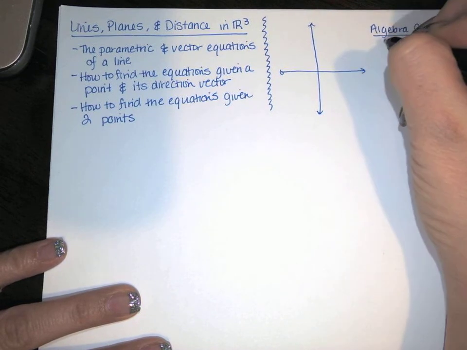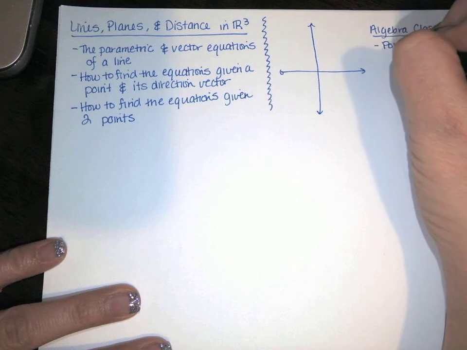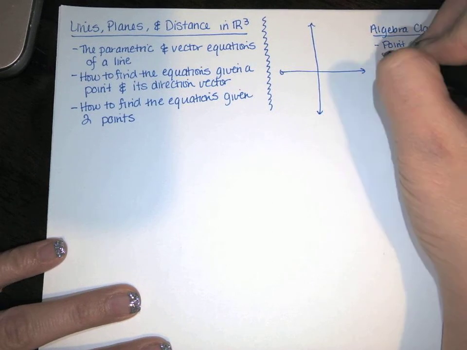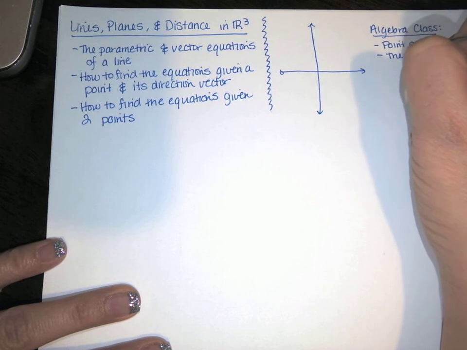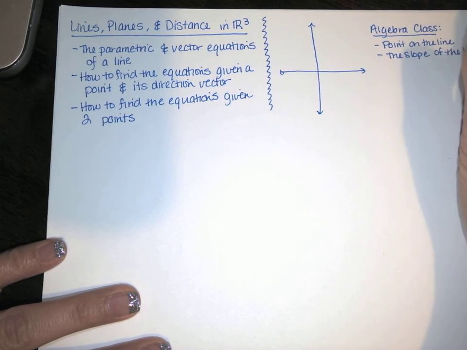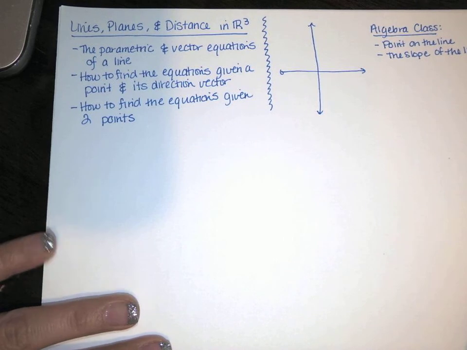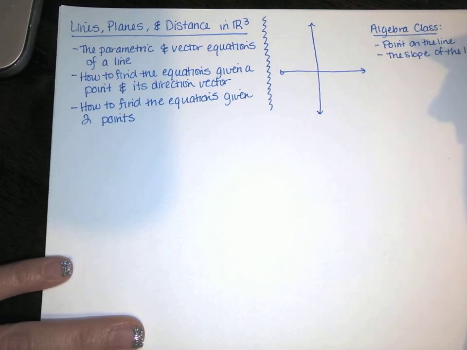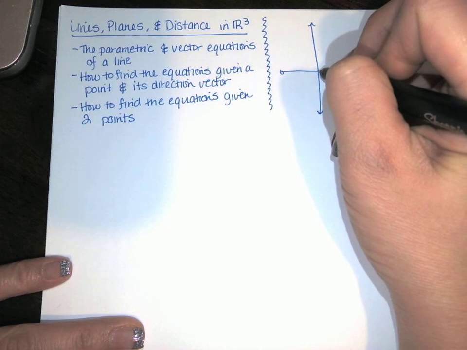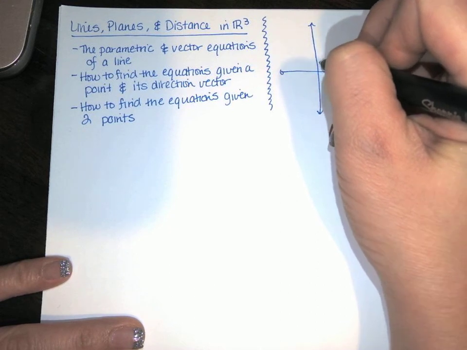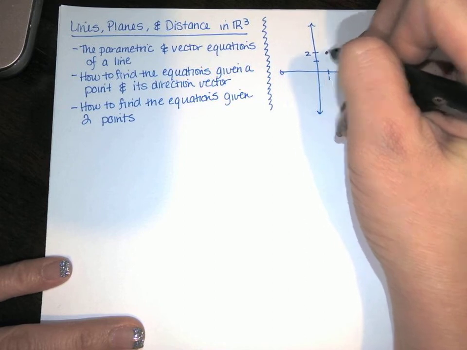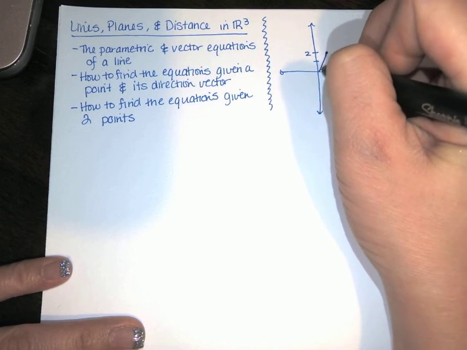I need some point on the line and the slope of the line. The slope is probably the most important part. When somebody tells you the slope is 2 over 1, you know that whatever point it passes through, you're going to go up 2 and over 1, and you're going to find a second point on the line.